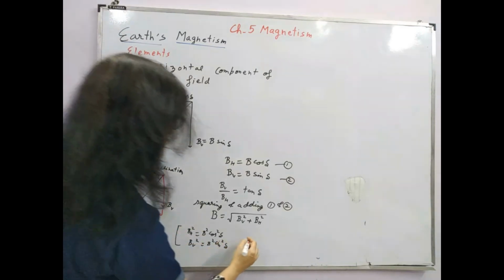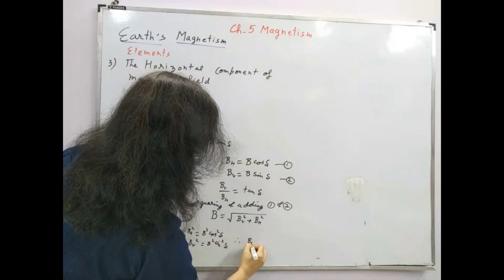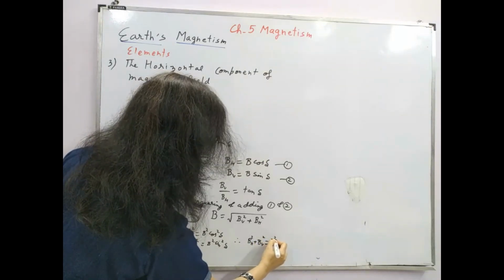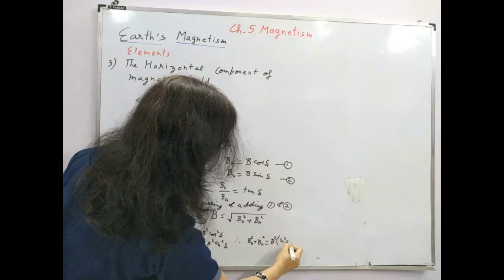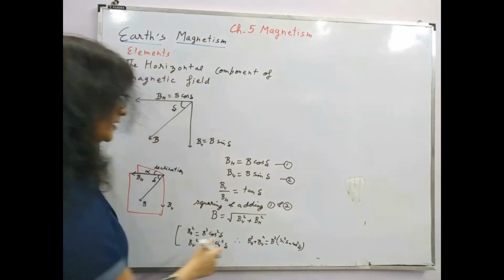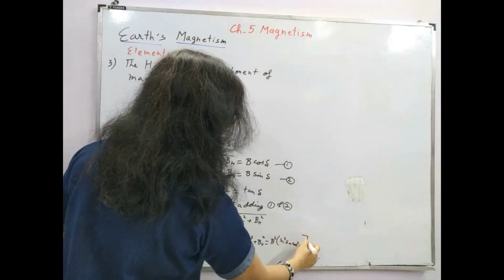Squaring and adding will give you BH square plus BV square is equal to B square times sin square delta plus cos square delta, which is 1. So from here we get this result.